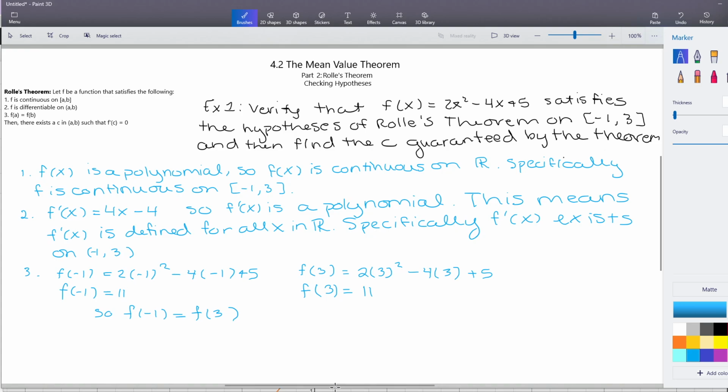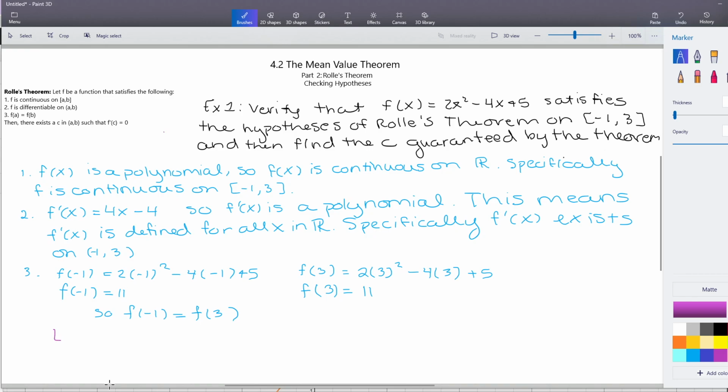Okay, so that takes care of the first part of this, right? Verify that it satisfies the hypotheses of Rolle's theorem on -1, 3, okay? That's what we've done so far. Now we want to find the C value that's guaranteed by the theorem, right? We want to find the C value in the interval -1, 3 so that f prime of C equals 0, okay?